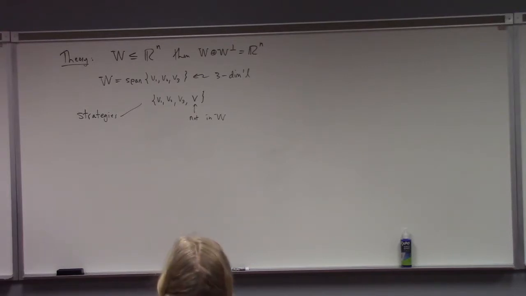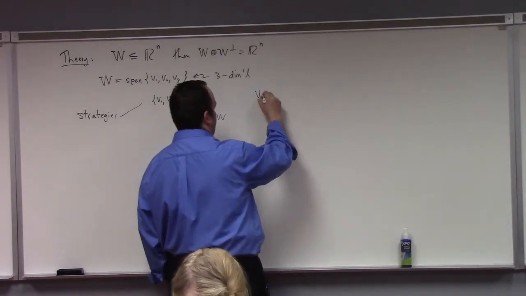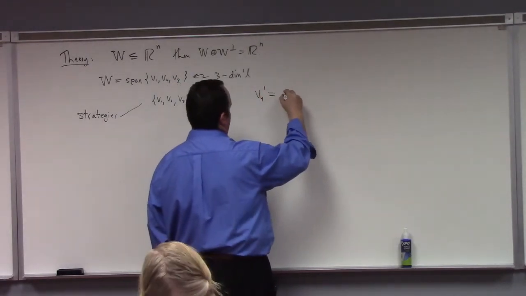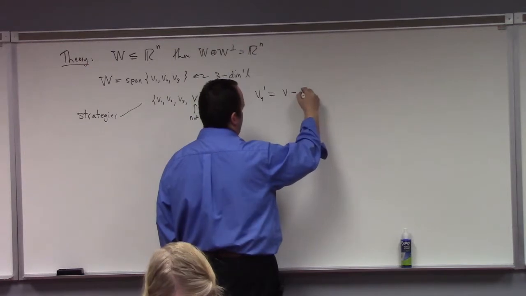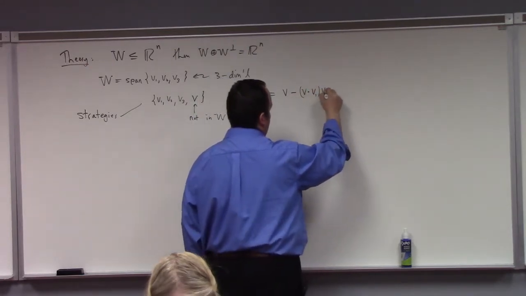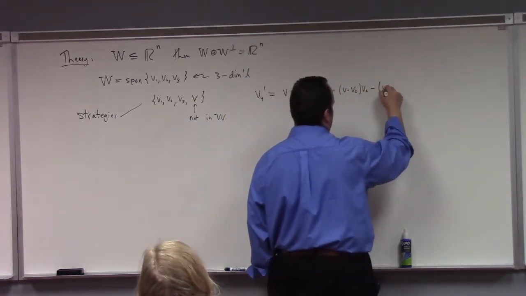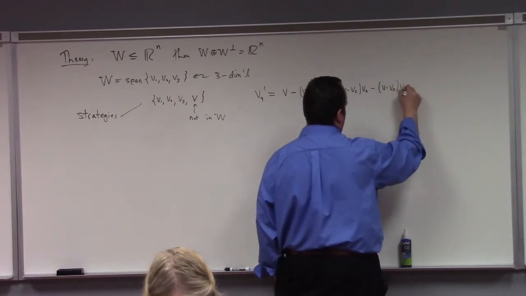The Gram-Schmidt algorithm here is really boring up until the fourth point because it doesn't do anything. V1 is V1 prime prime. V2 is V2 prime prime. V3 is V3 prime prime. So if we could figure out what V is, we could just run it. V4 prime would then be what? It would be V minus V dot V1, V1 minus V dot V2, V2 minus V dot V3, V3.